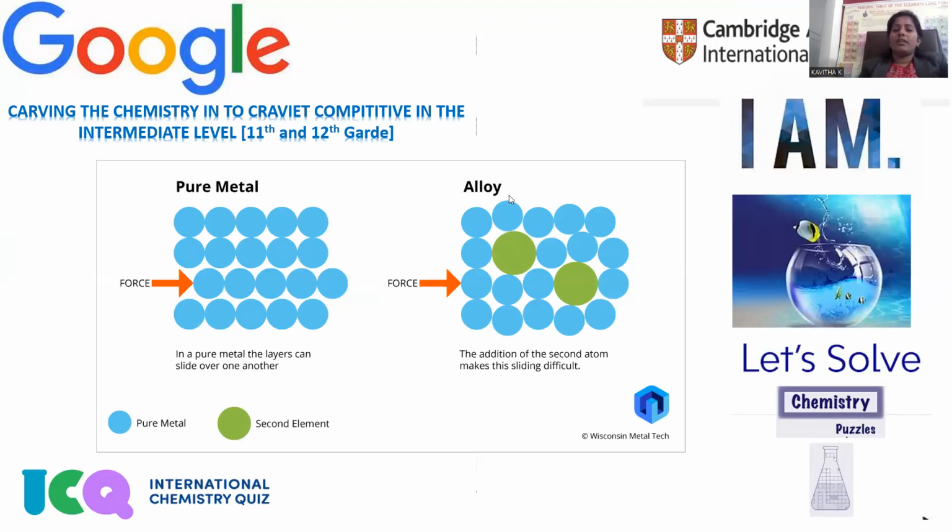An alloy is the combination of more than one type of material, that may be metal, non-metal, whatever kind it might be, but a blending of one material with another is required. Pure metal can be shown with the blue lobe, and another element that is added is shown with the green lobe, so we blend them and alloy formation is possible.